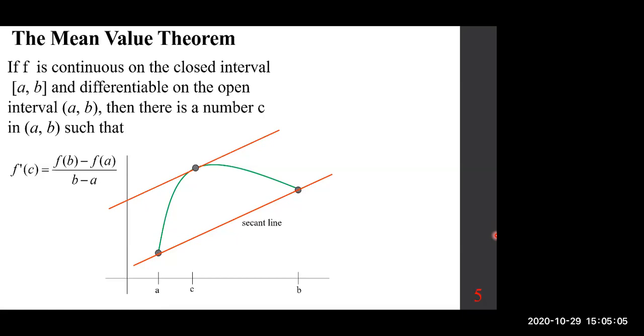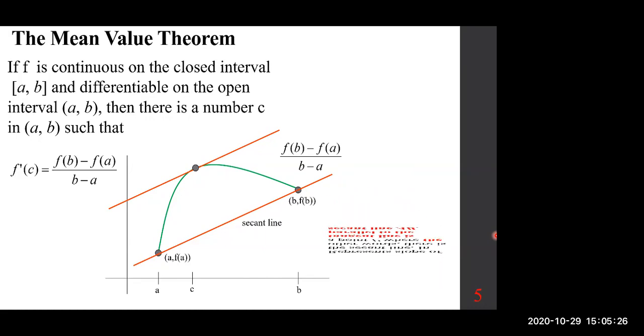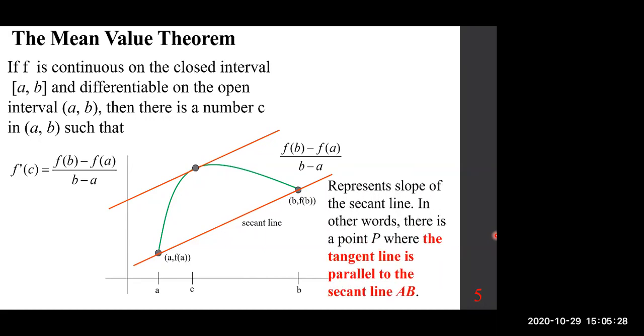Okay, class. This is A, f of A, this is B, f of B. And so f of B minus f of A over B minus A is the slope of the secant line, which happens to be the slope of a line parallel to that. This represents the slope of a secant line. In other words, there is a point P where the tangent line is parallel to the secant line AB.